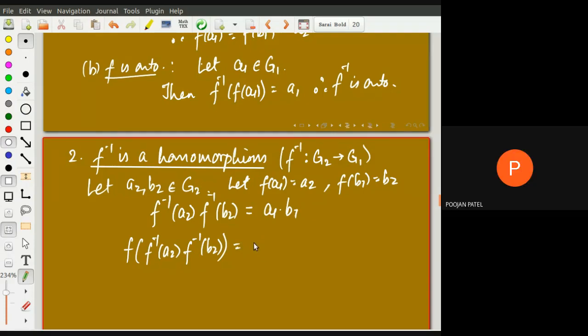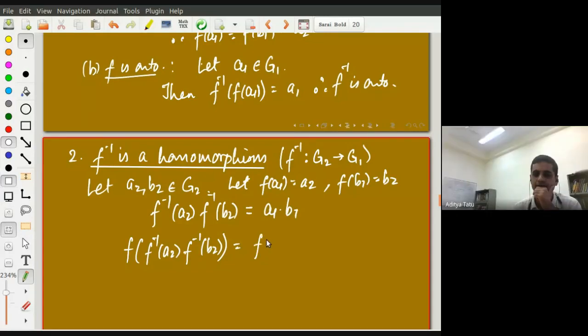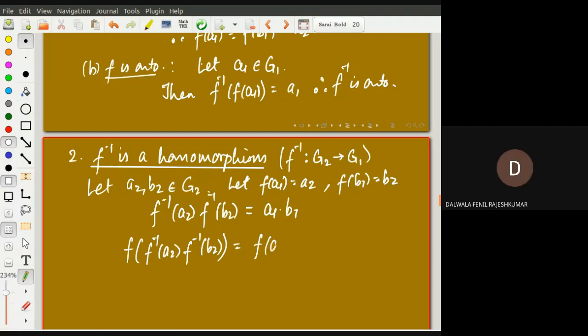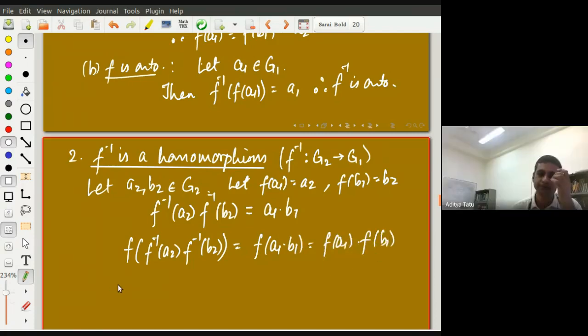F of A1, F of B1. F of A1 times F of B1, since F is a homomorphism. Yes.